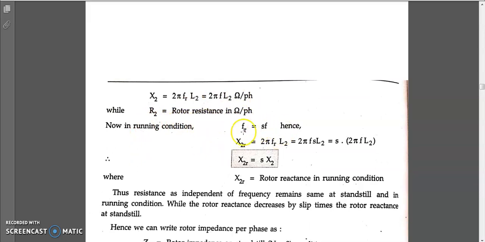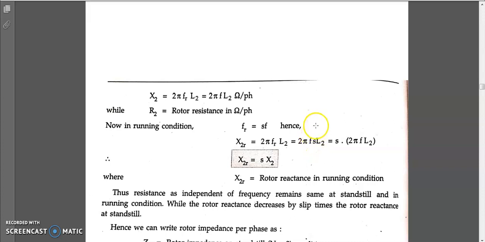We shall substitute, and we have the formula during running condition. Fr is equal to S times the stator frequency. X2R is equal to 2 pi Fr L2. Fr is replaced by F during standstill, or we can write Fr is equal to S times F, the generalized formula.